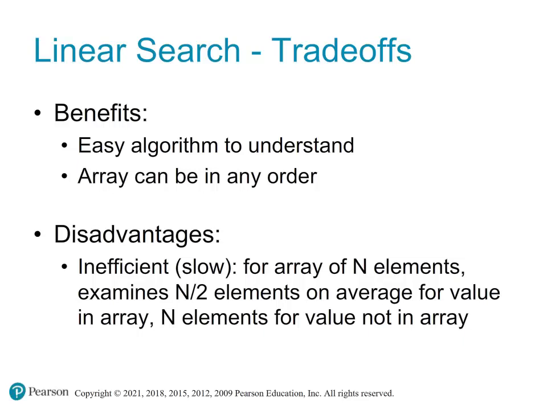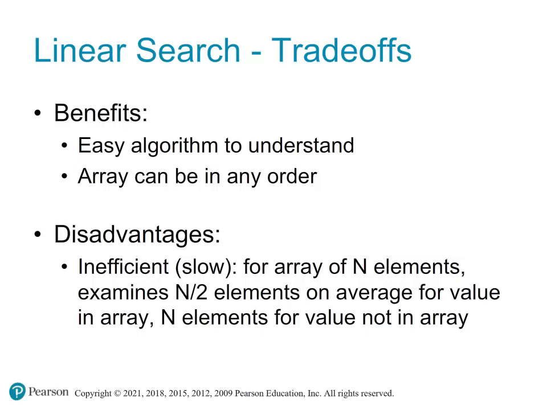The pros of a linear search are easy to understand. The algorithm is quite straightforward, making it accessible even for those new to computer science. Unsorted data: one of the key advantages is that it can work on an array in any order, whether sorted or unsorted.